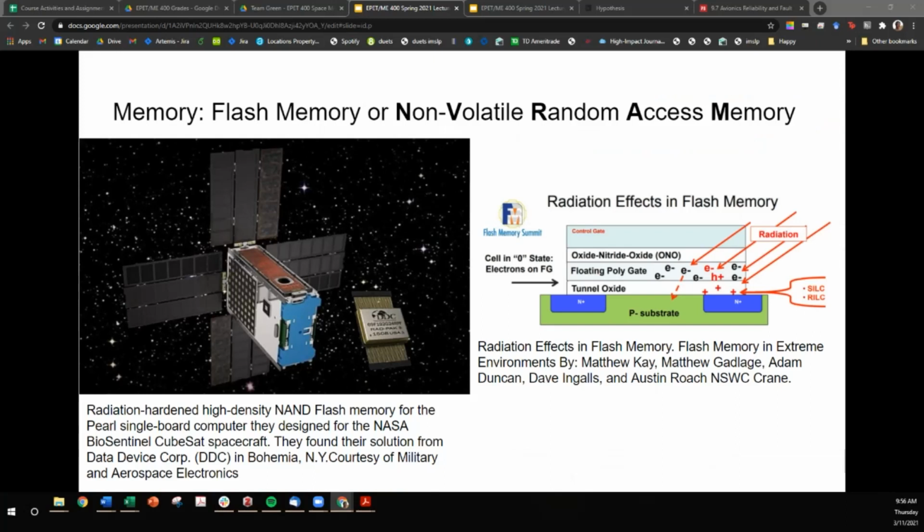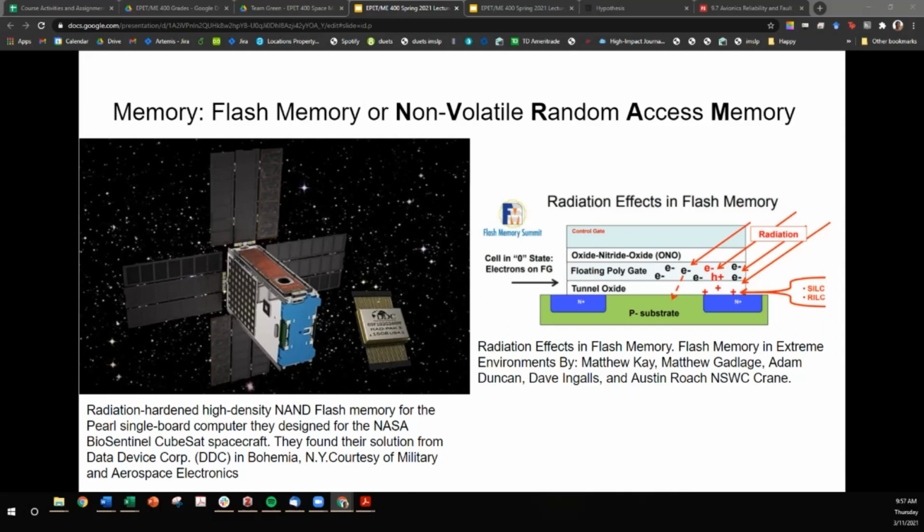Okay, and then the last part of memory that I want to go over is flash memory, or non-volatile random access memory. So that's a little confusing, right? Because we were talking about read-only memory being non-volatile, and we were talking about random access memory as being volatile. But yet, this is a mixture of both. It's non-volatile, and yet it's random access memory.